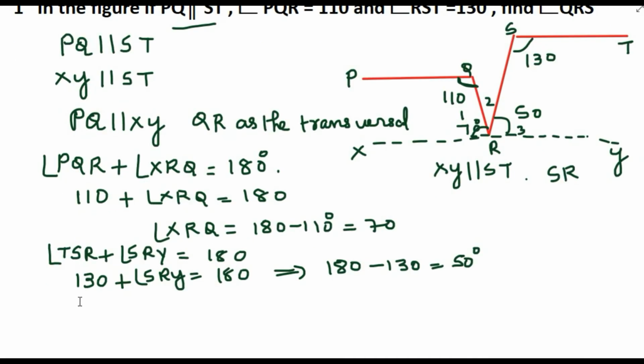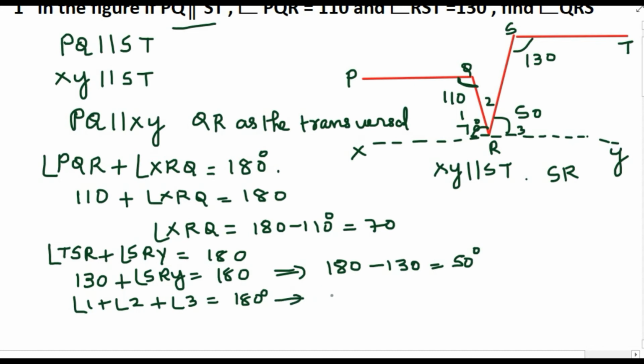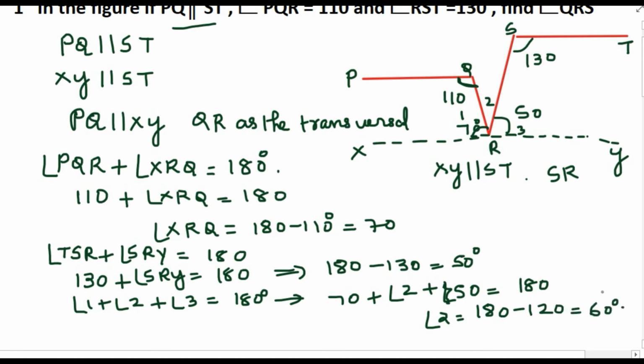So angle 1, which is 70, plus angle 2 plus angle 3, which is 50 degrees, equals 180 degrees. So angle 2 is 180 minus 120, which is equal to 60 degrees. So we got the measure of angle QRS as 60 degrees.